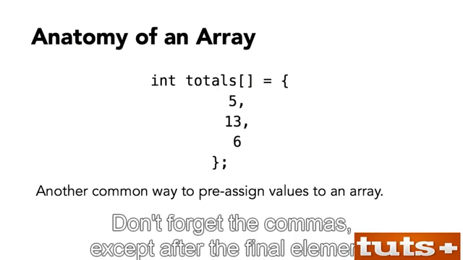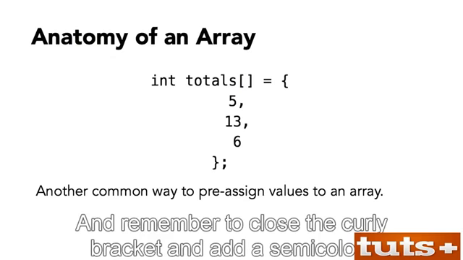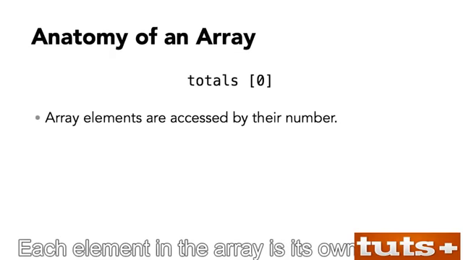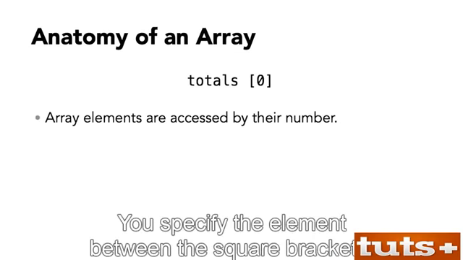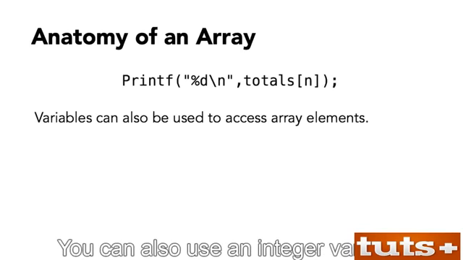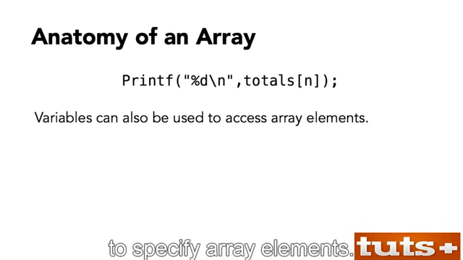Each element in the array is its own variable. You specify the element between the square brackets. The first element is element 0. You can also use an integer variable to specify array elements. Here, variable n represents a specific element in the totals array. The element is used like any other variable.